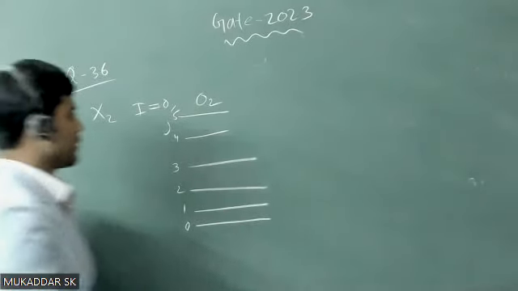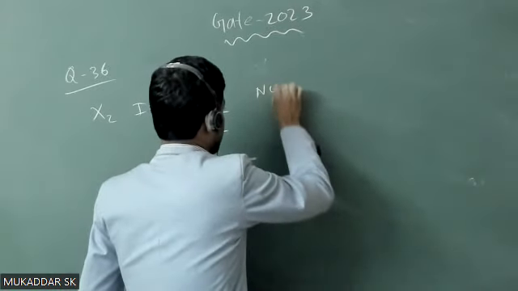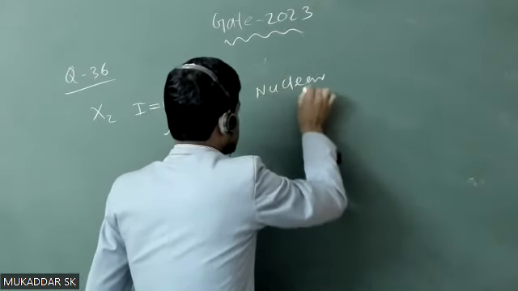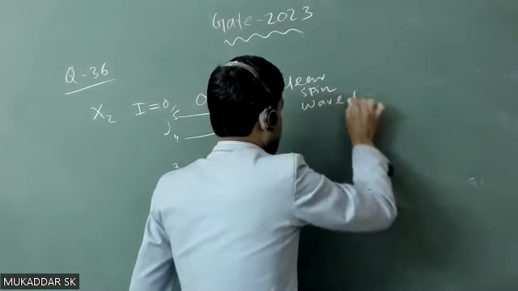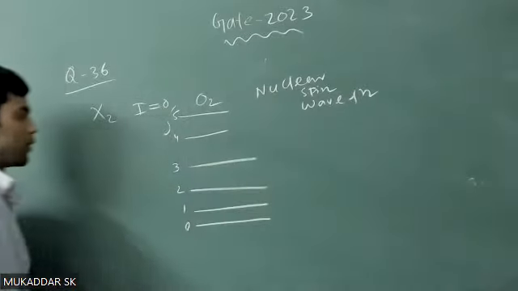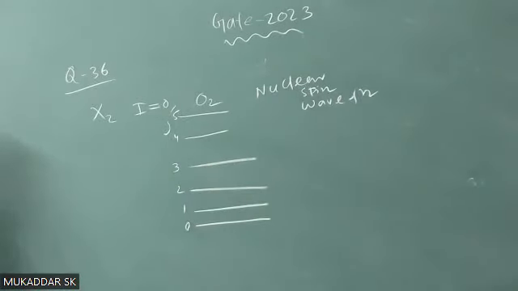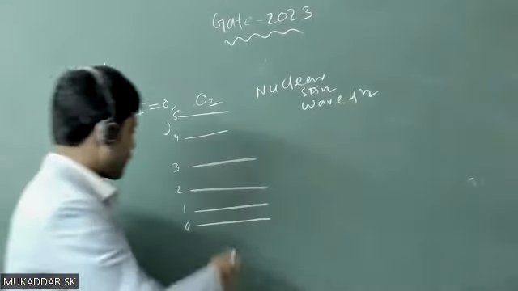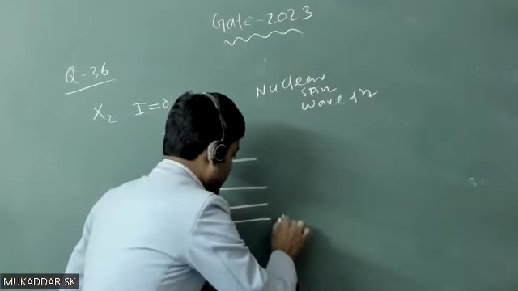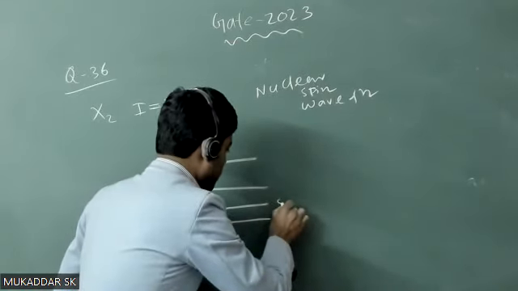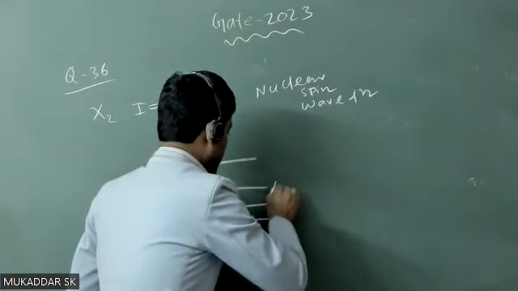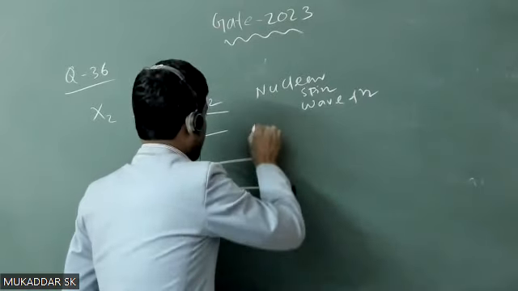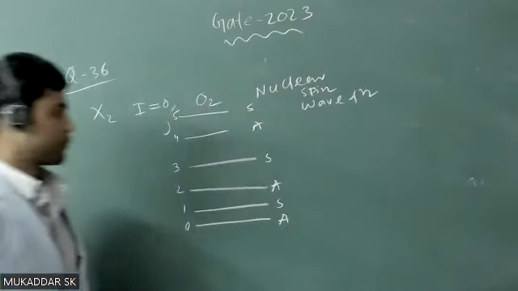Now if I write the nuclear spin wave function, I'm not going to detail how it will come, but it is for sure that the nuclear spin wave function corresponding to J equals 0 will be antisymmetric, then for 1 it will be symmetric, then for 2 antisymmetric, symmetric, antisymmetric, symmetric, and so on.